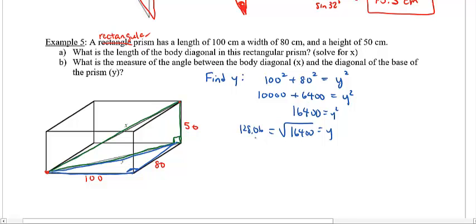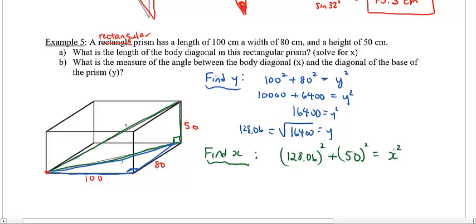We want x. So after finding y, now we can go about finding x. And in this case, we're going to use the green triangle. And lo and behold, we're going to take the 128.06, which is y. We're going to square that because that's my base. Add to that 50 squared, and that now equals x squared. Now this number here, if I go backwards, is the same thing as y squared.